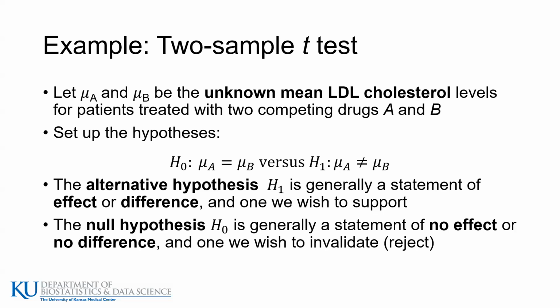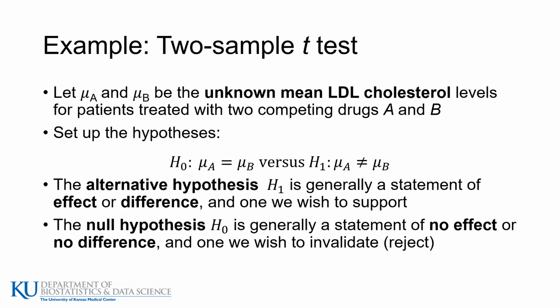So our interest here is deciding whether these 2 treatments result in equivalent LDL cholesterol levels on average, or if they produce different average LDL cholesterols in patients. This hypothesis test allows us to select between one of these 2 therapies, or theories or hypotheses, using generated data from our study.